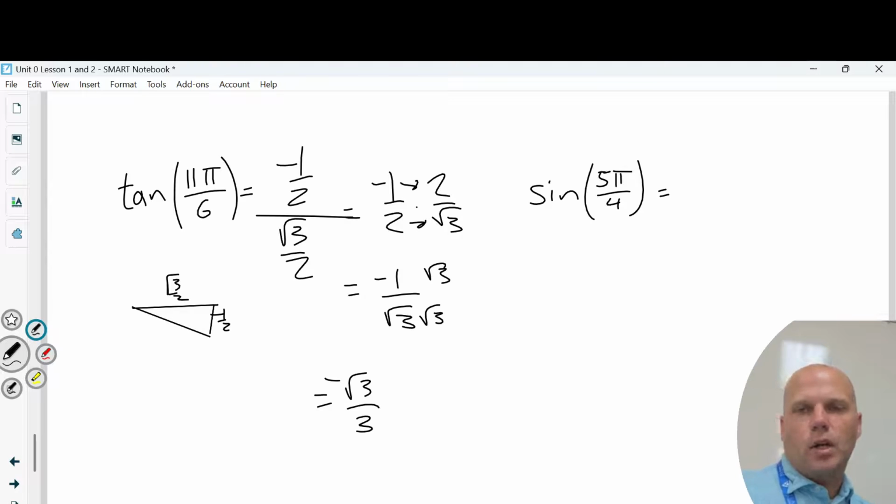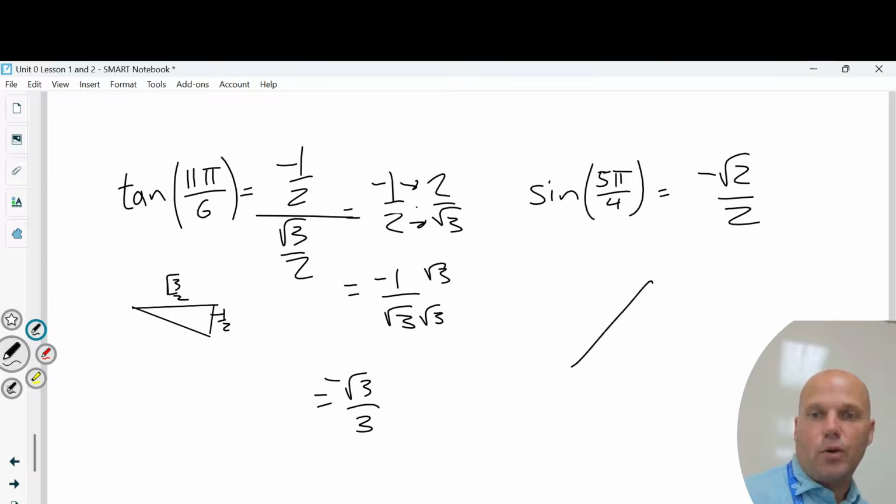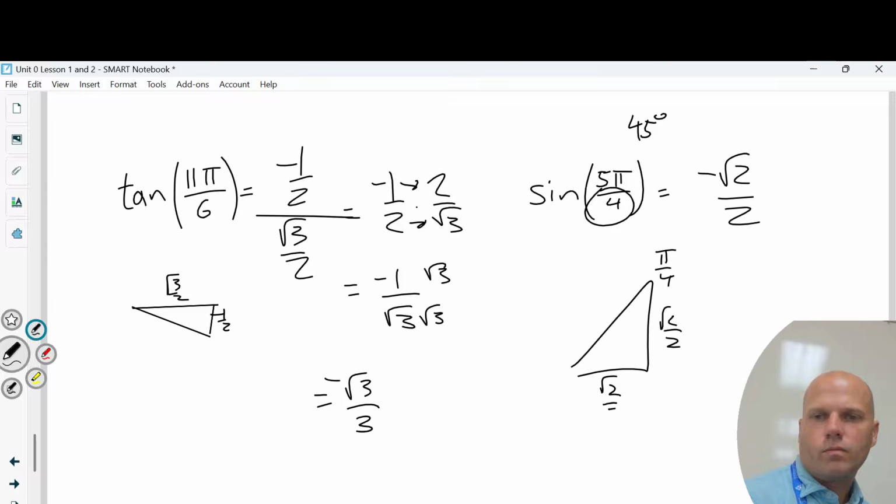Sine of 5 pi over 4, negative root 2 over 2, because this is our first 45, 45. Pi over 4, 45 degrees, 45 degrees. Root 2 over 2. Cool. Sine, opposite. 5 pi over 4, 1 pi over 4 more than 4 pi over 4.